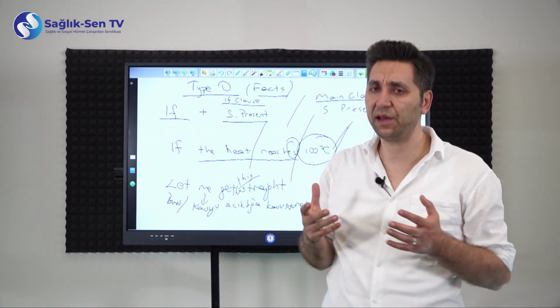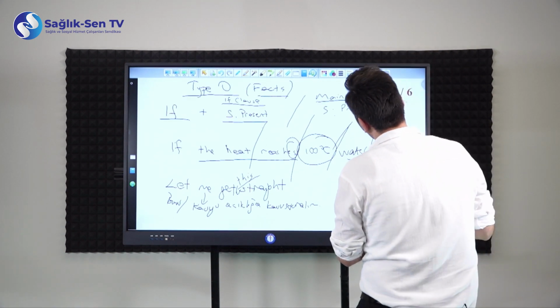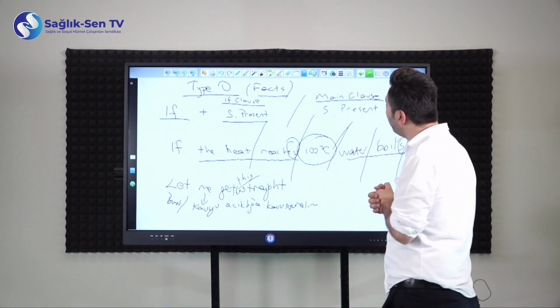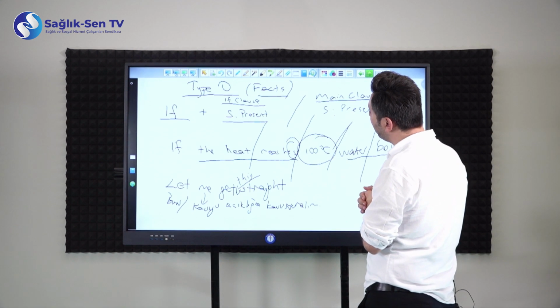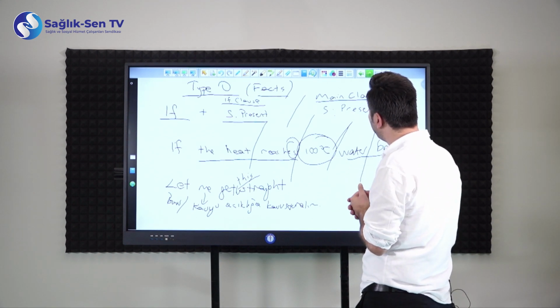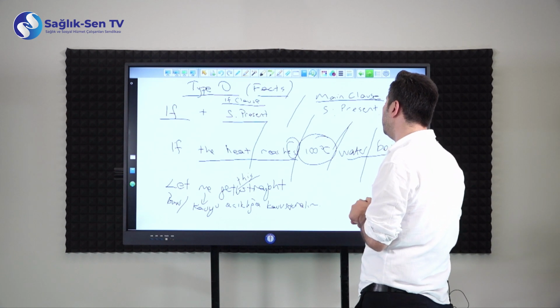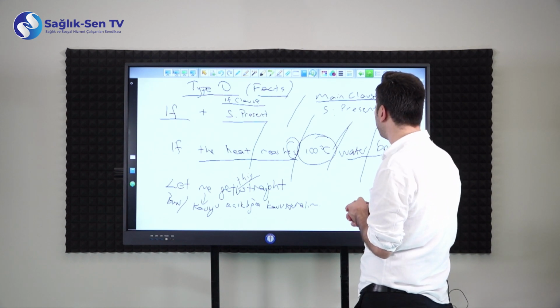Yani hiç değişmeyen şeyler olması lazım. Type 0'dan konuşuyorsak biz, o yüzden if'ten sonraki cümlemi yaparken benim geniş zaman kullanmam lazım. Ana cümlemi de yaparken yine geniş zaman kullanmam lazım. Ne kullandık bunun için? If the heat reaches 100 centigrade degree, water boils.